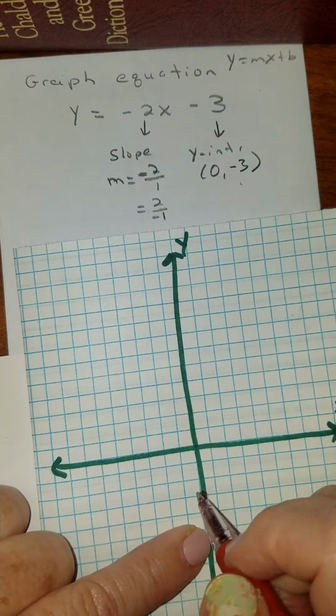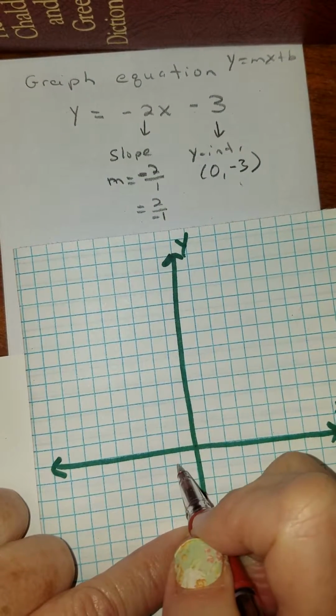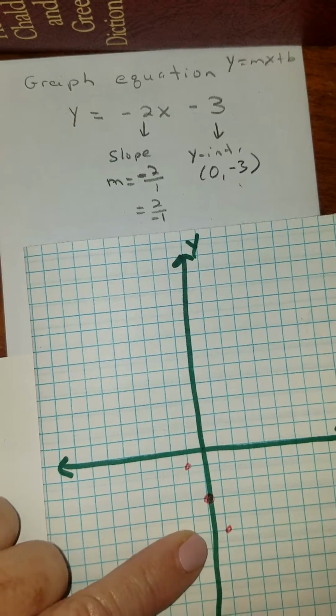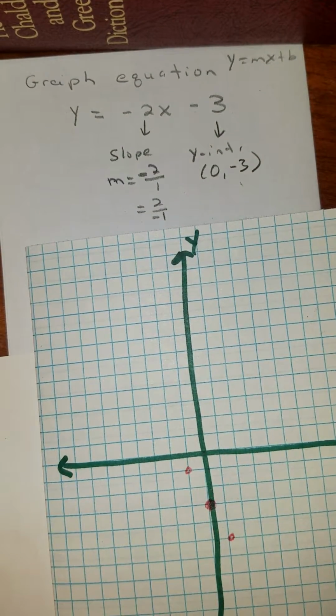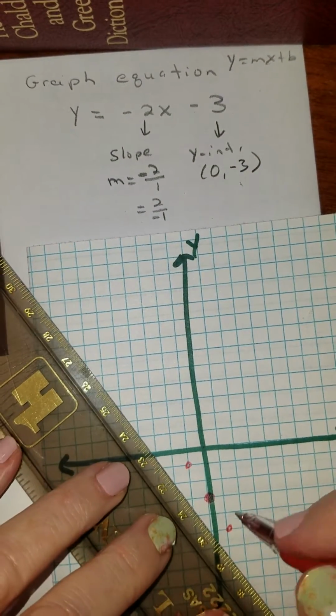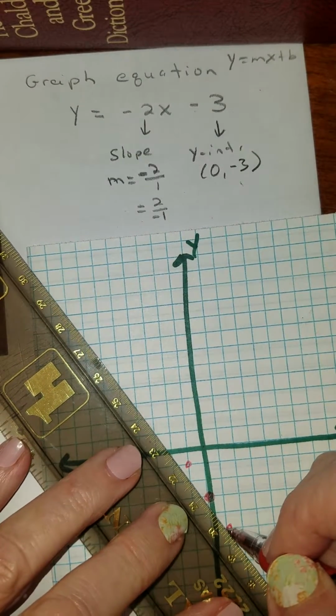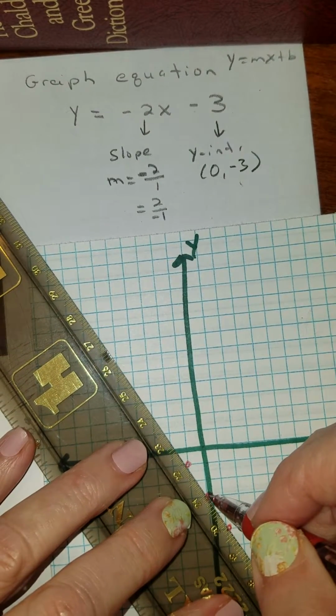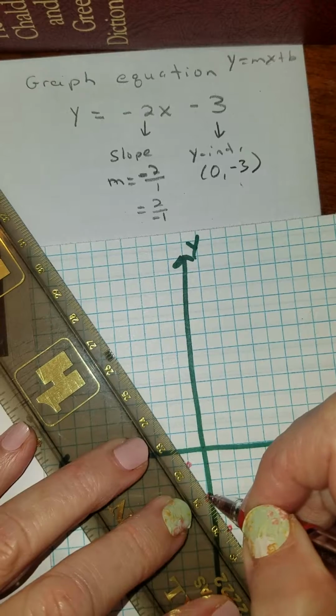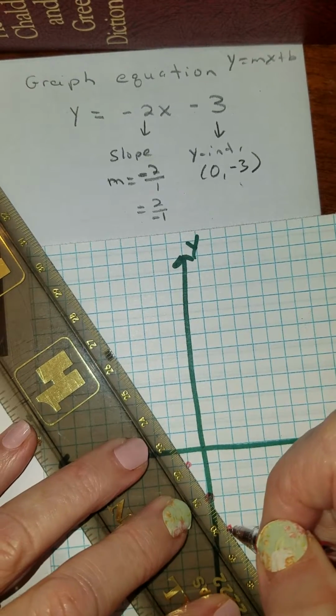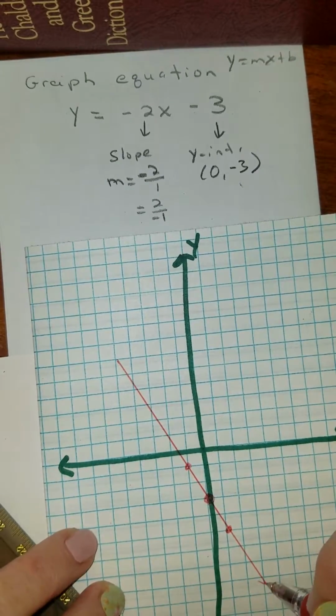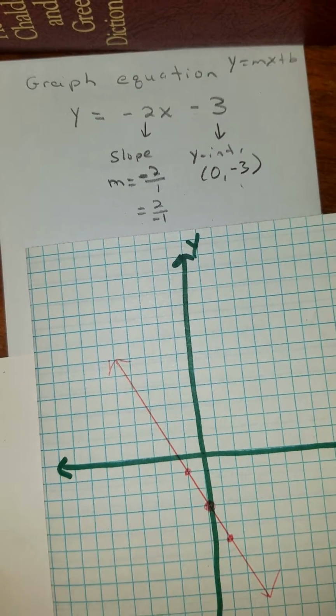So I could go up 2 and to the left 1. And I have my points. I could graph. And there is my line. So I graphed it that simply.